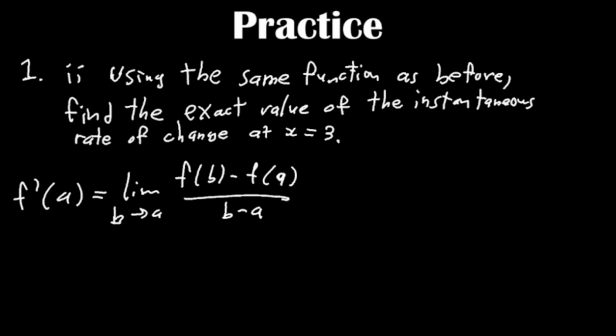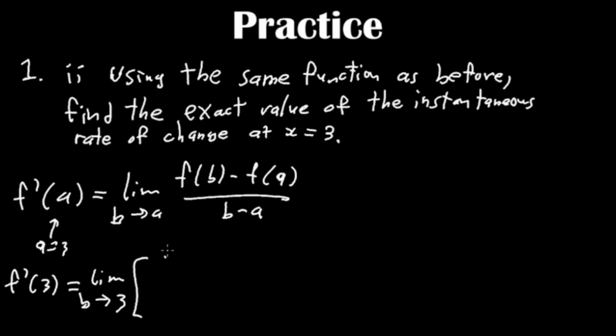So here we're trying to approximate at a equals 3, right? So f prime of 3, our derivative at 3, is equal to the limit as b goes to 3 of f of b. So our function is, we're squaring it, right?